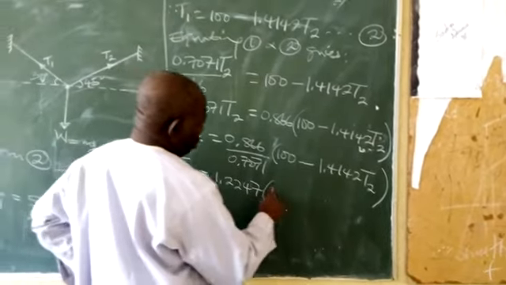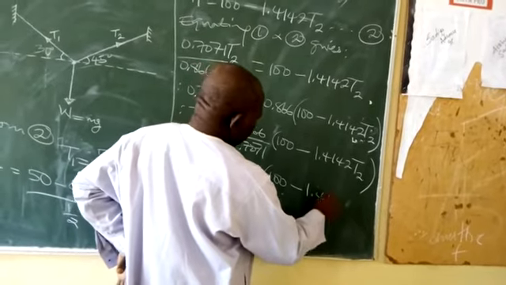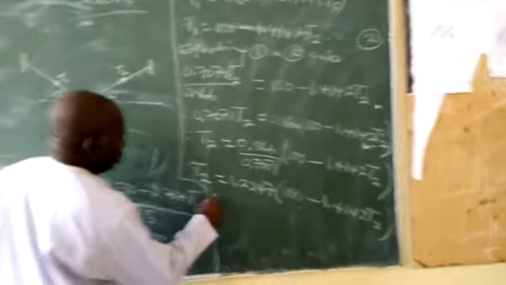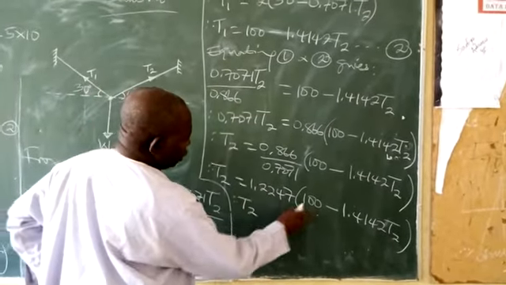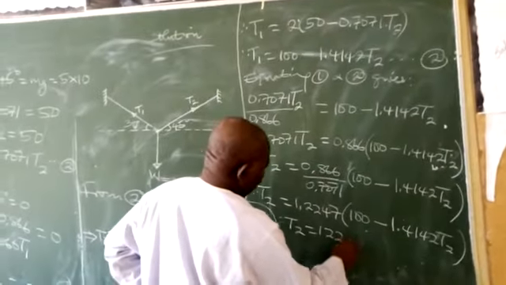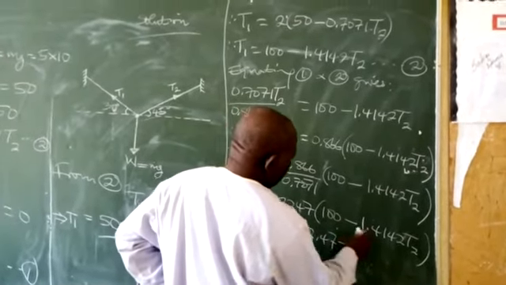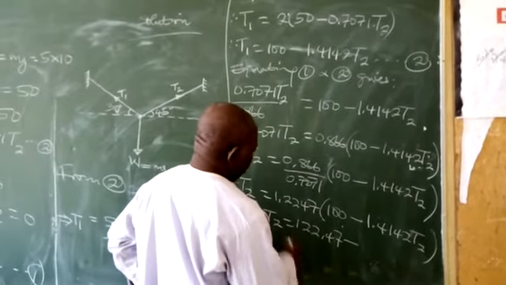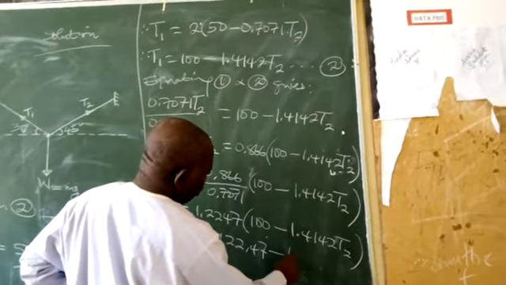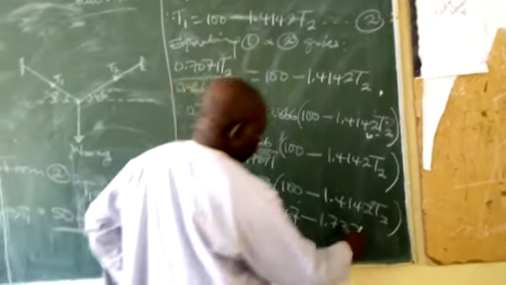1.2247 into 100 minus 1.4142 T2. I can now multiply: that would be 122.47, then minus 1.2247 times 1.4142, which is 1.732 T2.